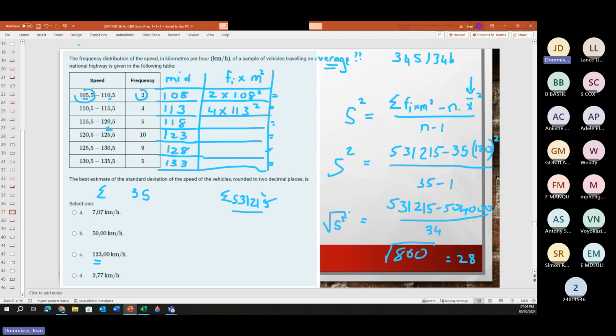So the formula is right, but what we are looking for is just to get that average right. So let's look at it. If the average was 115, then that gap becomes bigger.